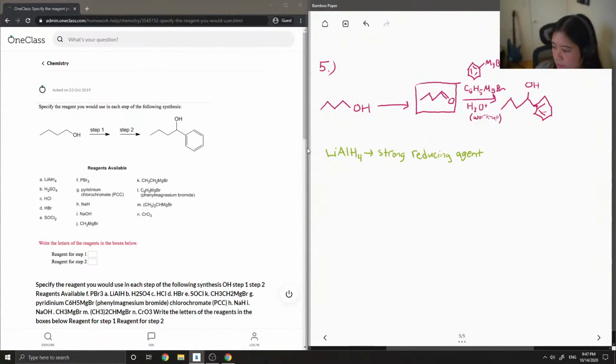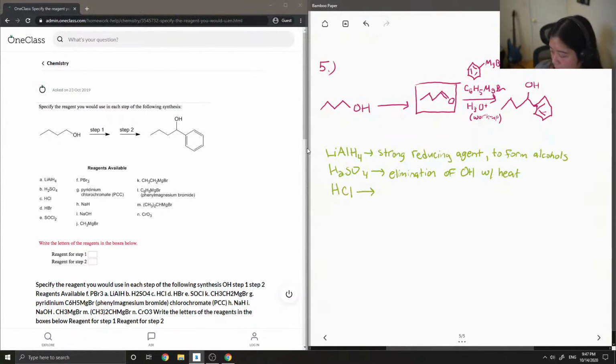So basically you would use this to form alcohols. So we can rule out that. H2SO4 is usually for the elimination of OH with heat. So we don't want to get rid of our alcohol group, we want to keep it on that carbon. So we're going to rule out that.